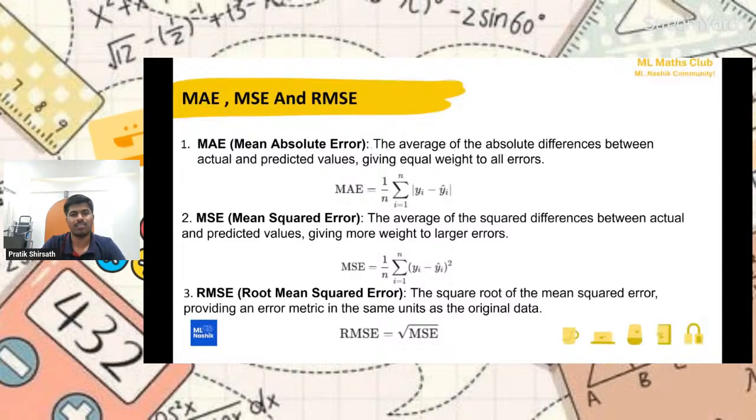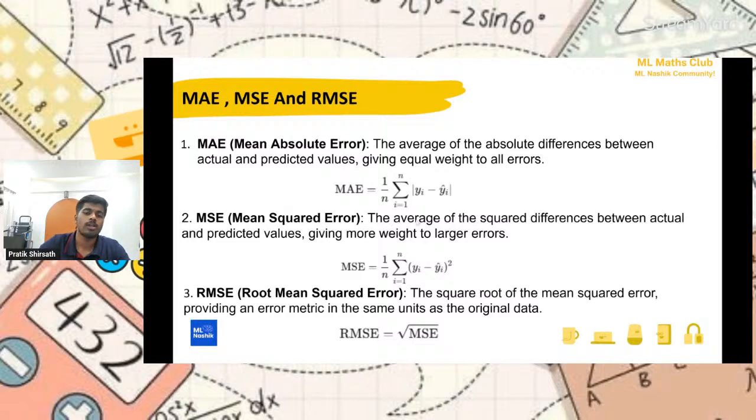We all know that it is the absolute difference between the predicted value and the actual value, but it is very important to know that mean absolute error matters when we have to evaluate a model. This is the formula, of course. I will go on defining all the terms, and then I will take these terms on my iPad with a specific example. So let us move on to the second one, that is mean squared error.